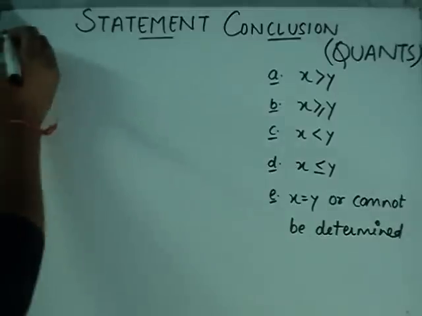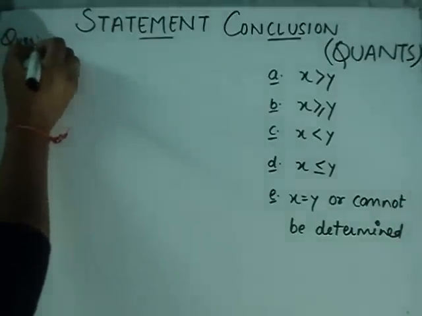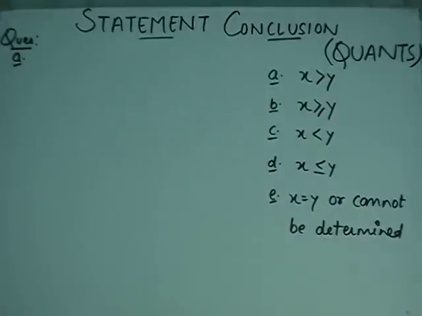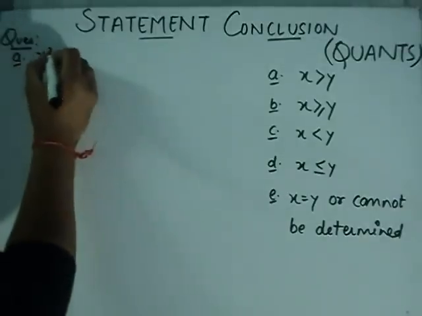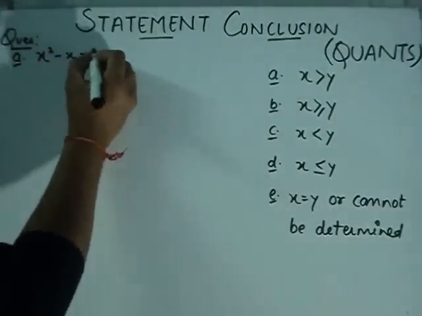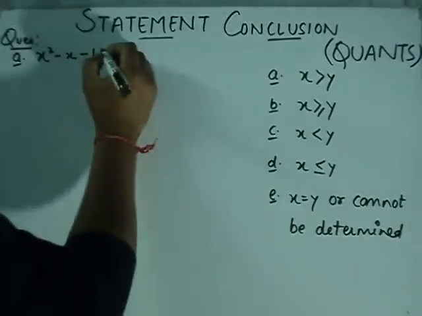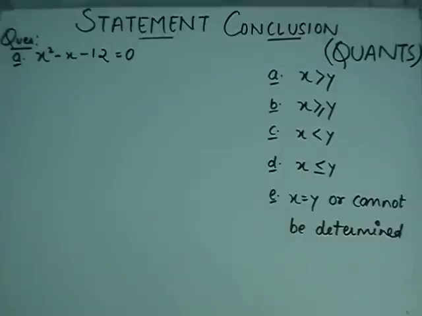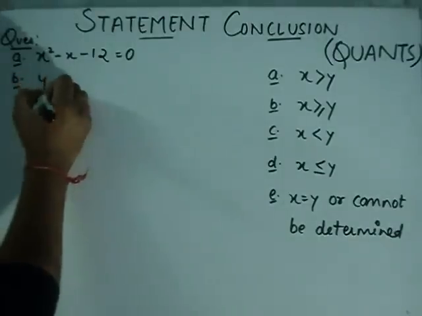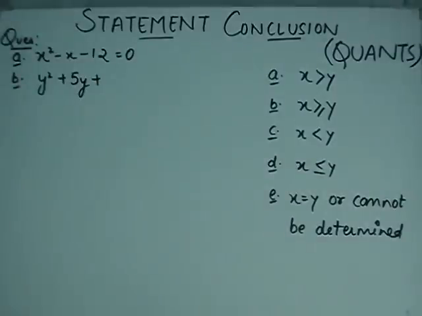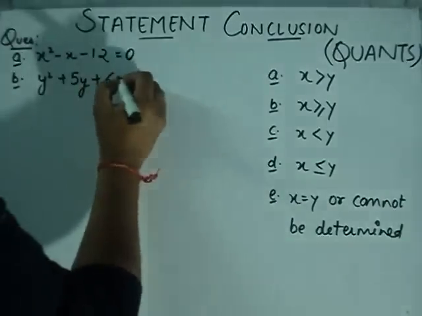So let's discuss our question. Suppose we have two equations: x square minus x minus 12 equals 0, and the other one is y square plus 5y plus 6 equals 0.